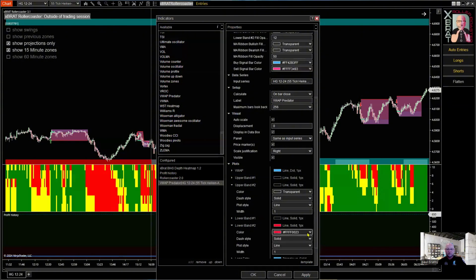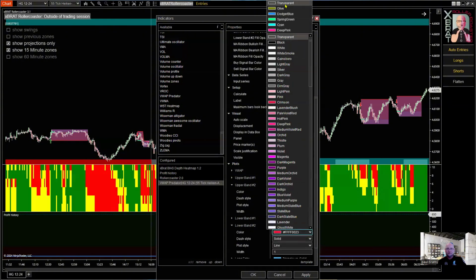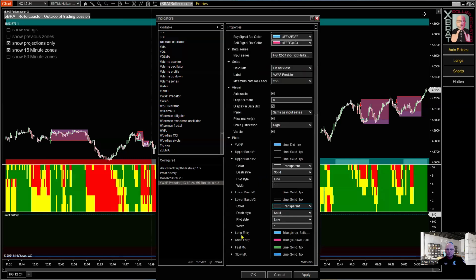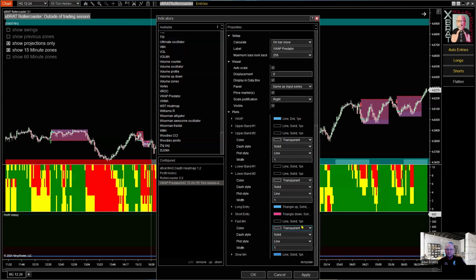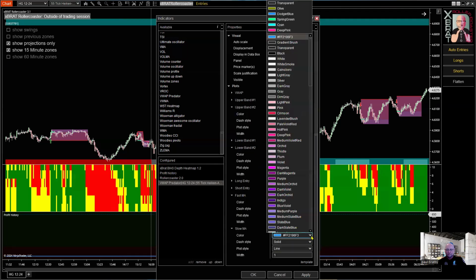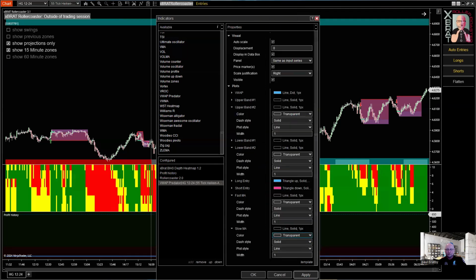Won't be too much longer. Transparent. Long entry is good, short entry is good. Let's get rid of the fast EMA for now, because I can use the trailing stop on roller coaster. Okay, and let's apply that. Let's just hope there's not a lot of loading up to do here.